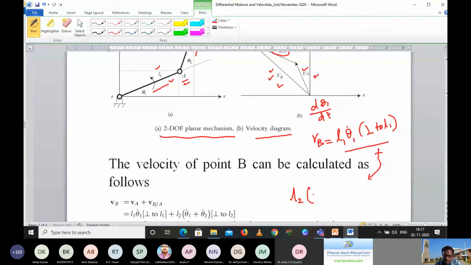When considering L2, in the morning we saw we have 2 parameters, theta 1 and theta 2, and then it should be perpendicular to L2. This is the parameter to calculate the velocity of B. So you know how I have related time here. This is related to theta dot, and when you multiply it with the perpendicular distance, you will get the velocity. Any doubt in this?